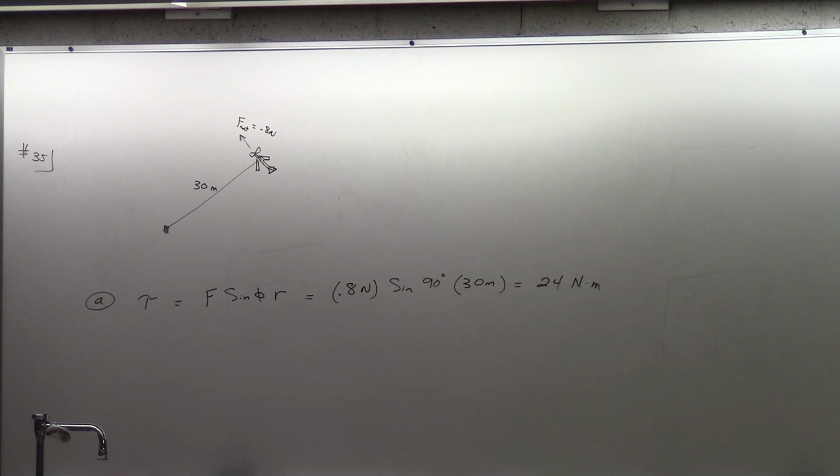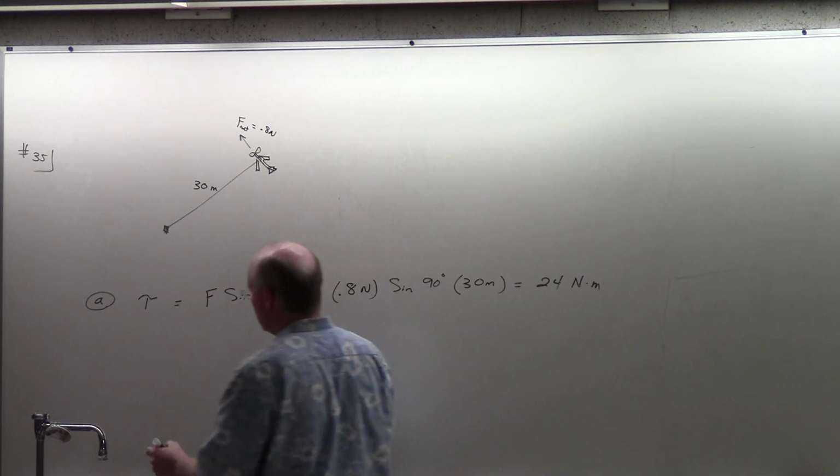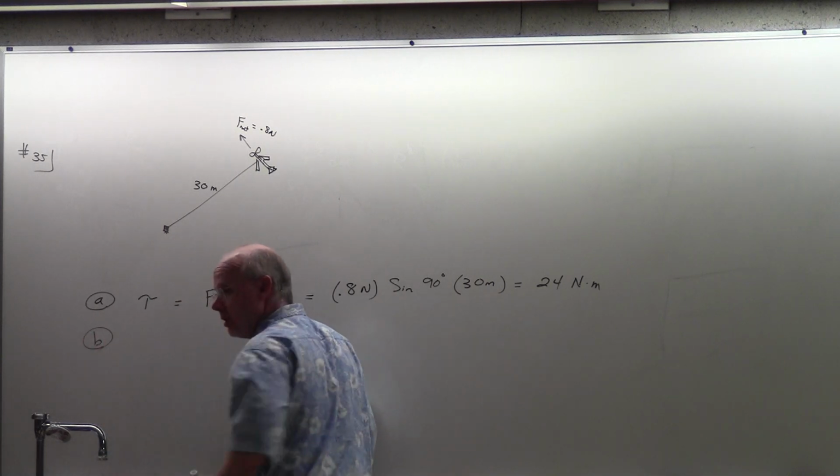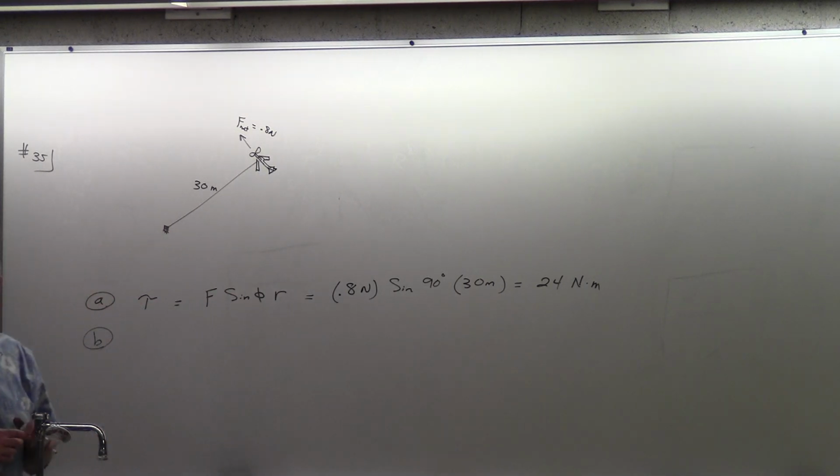And sine of 90 degrees is 1. So there is the answer to the first one. What is the torque? And again, notice I did all three. I did the force, I did the distance, but I also did sine of the angle. And like I said, I'm quite sure if I remember right, every problem in this chapter is always 90 degrees. That will soon change, but it's a good place to start.